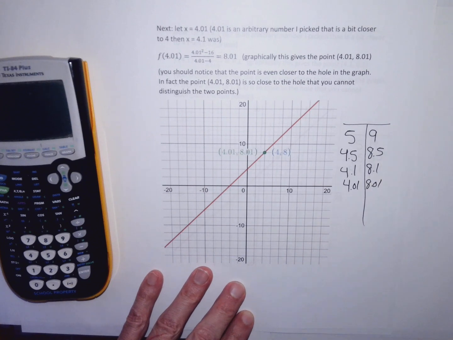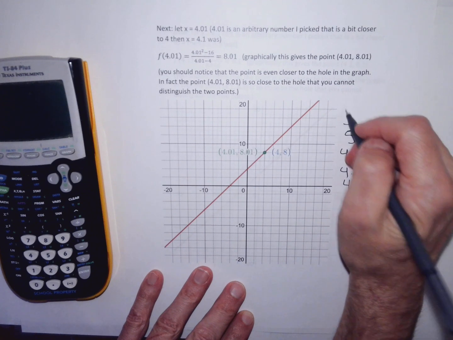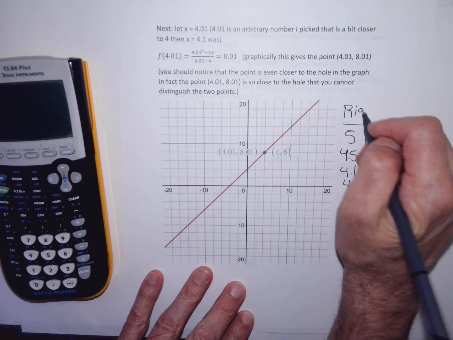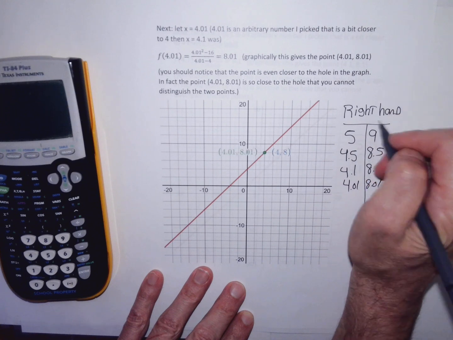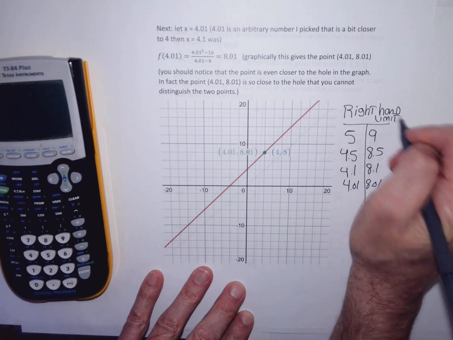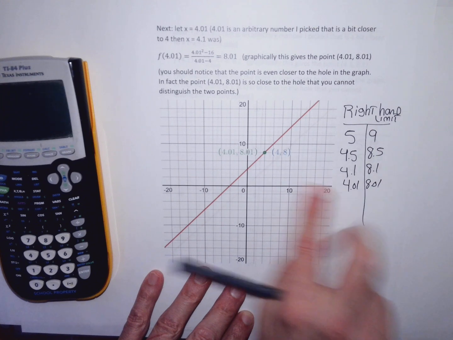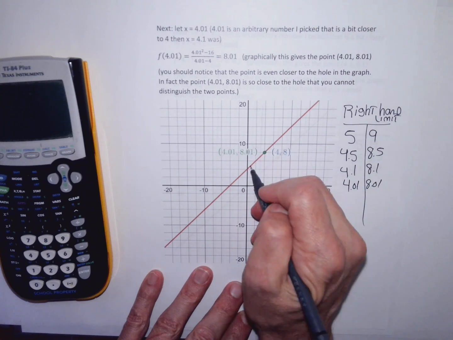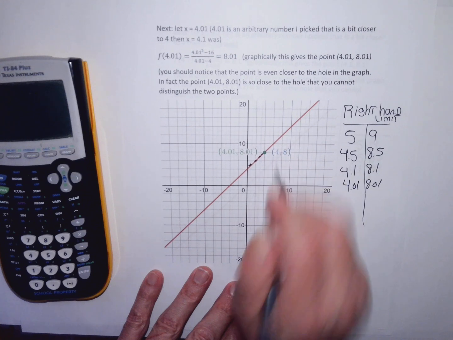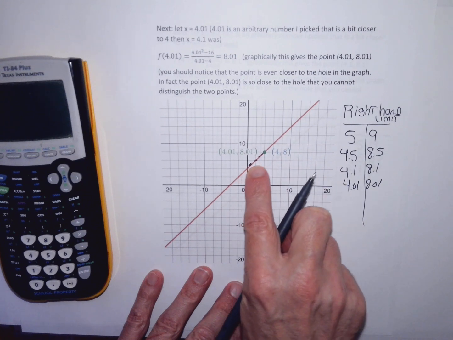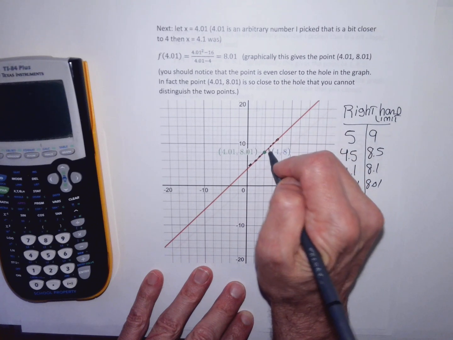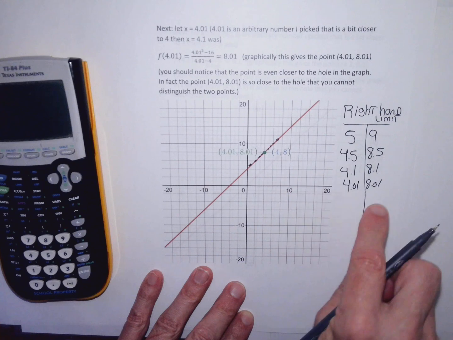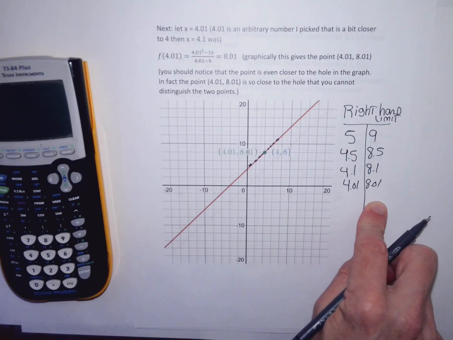It seems to me that this right-hand limit, plugging in numbers bigger than 4 but not equal to 4, is approaching the same value. In fact, graphically, in the first set of points I graphed, the points started beneath (4, 8) and got closer to it, and these points start above (4, 8) and get closer to 8. So I think this right-hand limit is also 8.